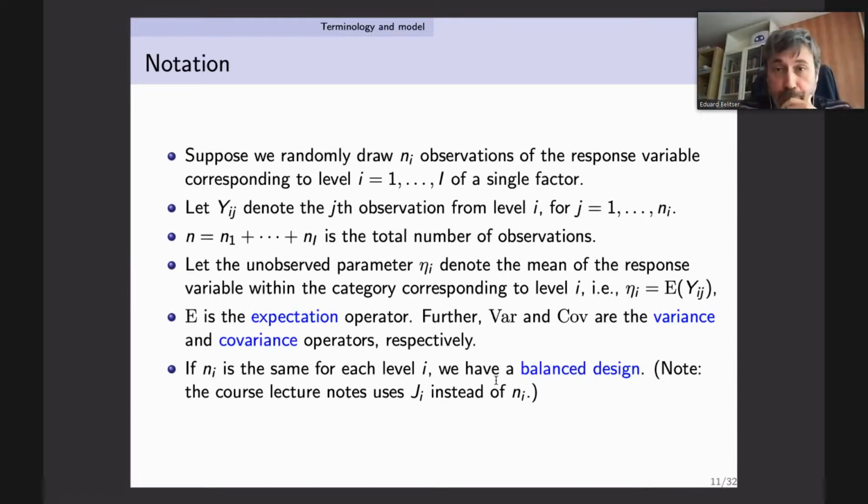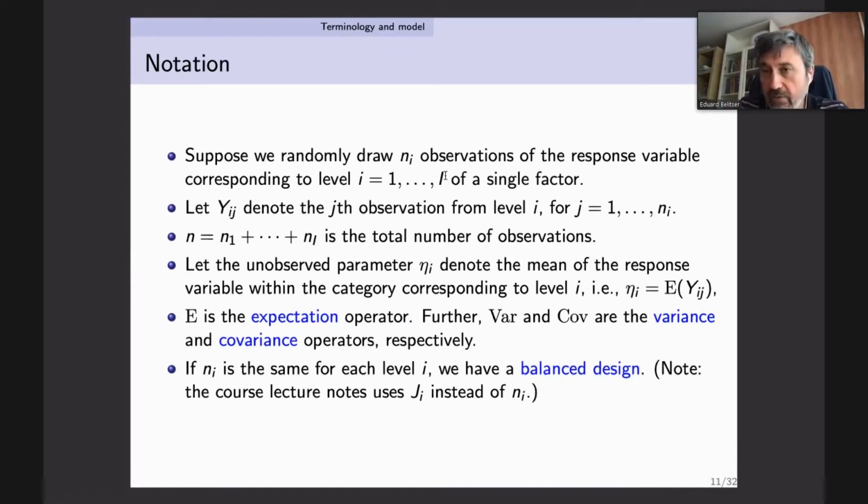Let's see. These are the observations, Nij. Nij is just the observed jth value in each sample. Now we split into samples. We have I samples, which is equal to the number of levels in the factor.